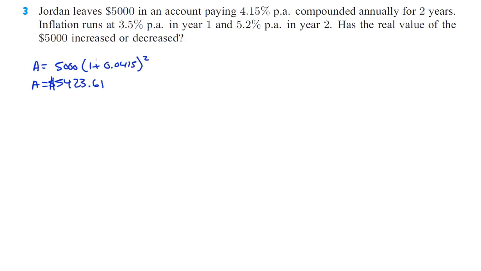Okay, so that's how much they'll be able to pull out of the account after 2 years. So now what we want to do is also figure out what the inflation piece is going to be on that, right? So the amount after the first year is going to be 5,000 times 1 plus the rate, which is 0.035, and that's just for 1 year.